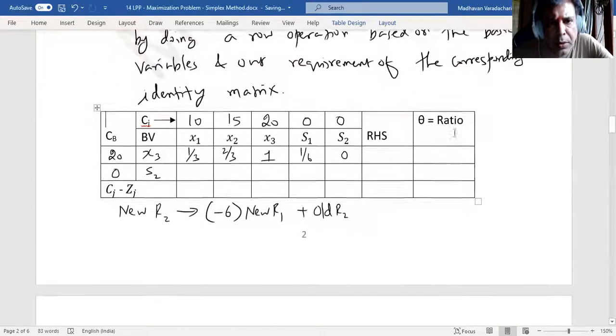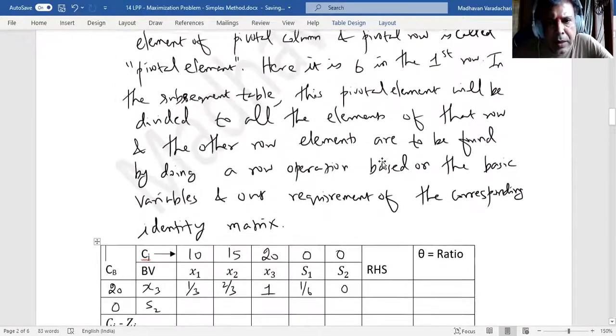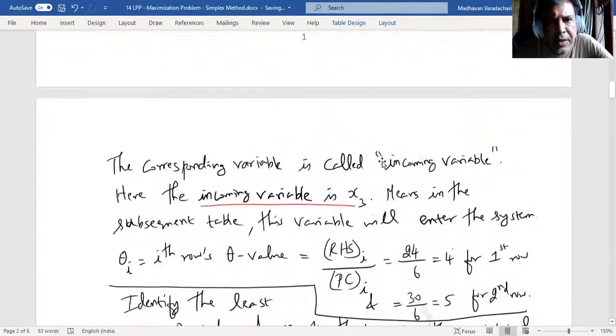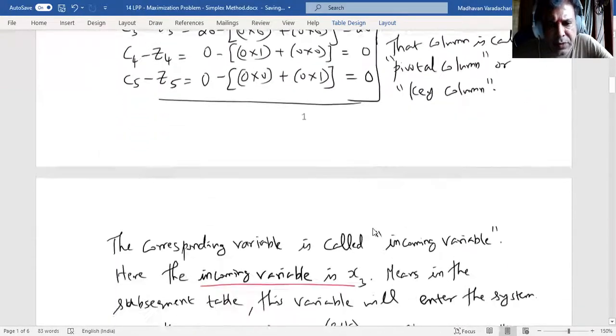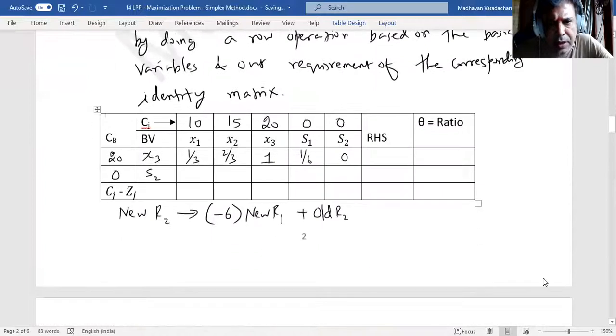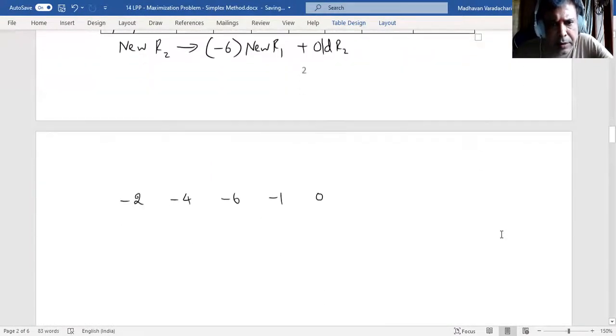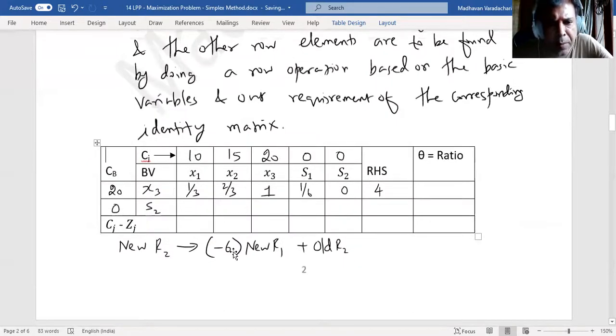And this also we have to divide. Actually, I missed it. When we divided by 6, even the right hand side needs to be divided by 6. 24 by 6 is 4. So let's fill that in with the 4. Now here, the right hand side, I'll put a vertical line just to separate these elements and the right hand side. That has to be multiplied by -6.